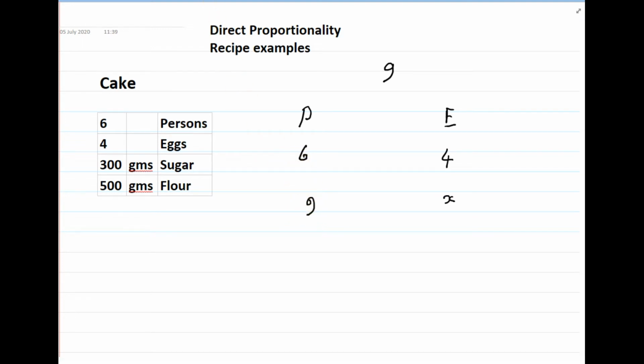And the way we work this out, and you can see this in my earlier video, is that we cross multiply that item by this, and we divide by that. Here we multiply here and divide by there.